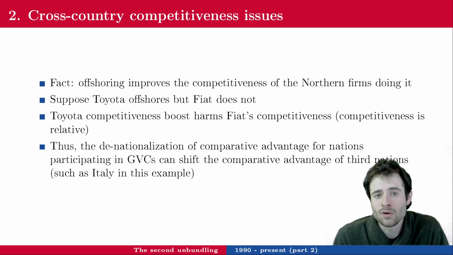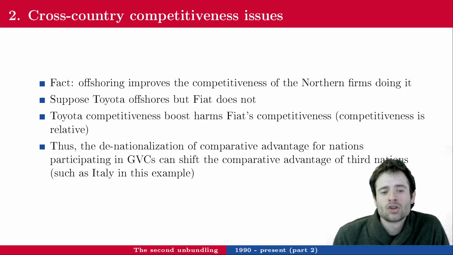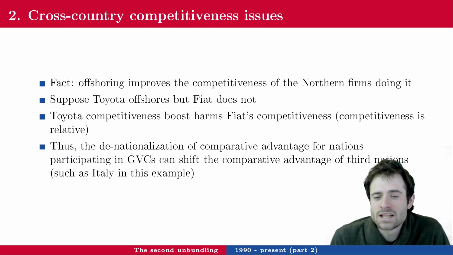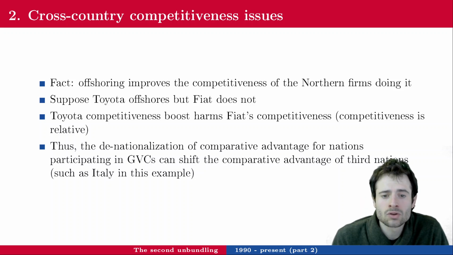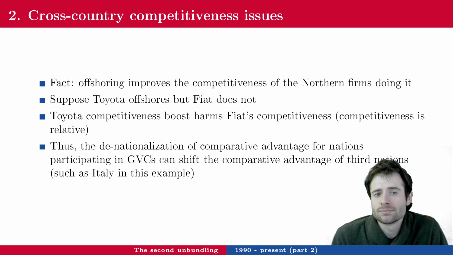And also, Fiat will have a very, very strong incentive to follow suit. It will have an incentive to imitate Toyota's production process. Fiat will look for a country where its cars' parts can be produced at a lower price to be able to get more competitive.